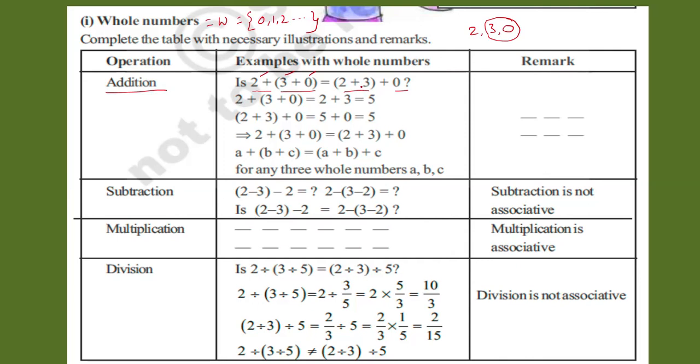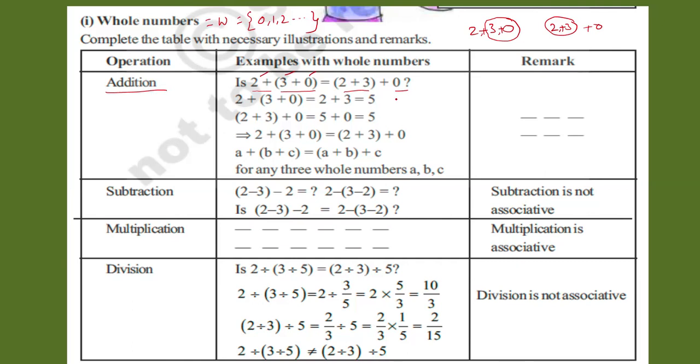On the right side of the equal to symbol, you observe it. We add 2 and 3 in the first instance, the first and second numbers. After that, we add the third number.